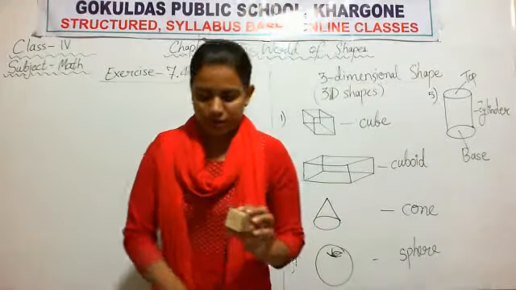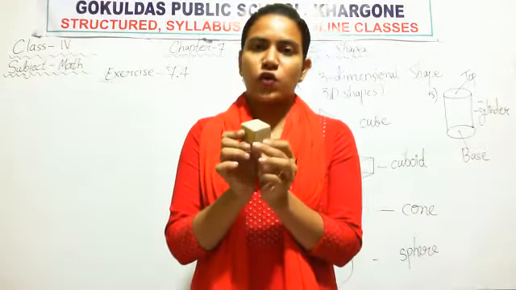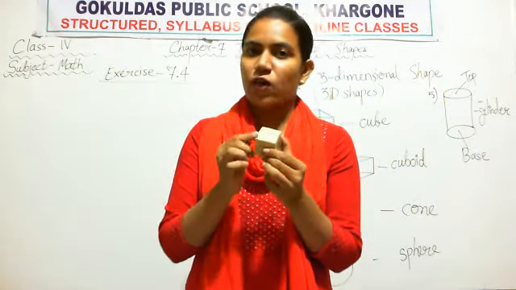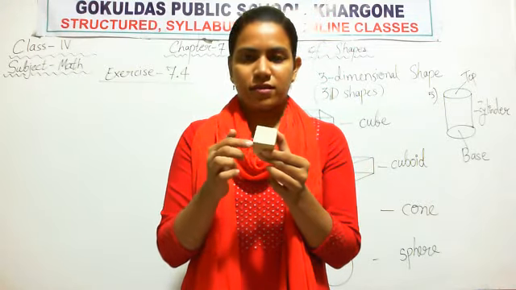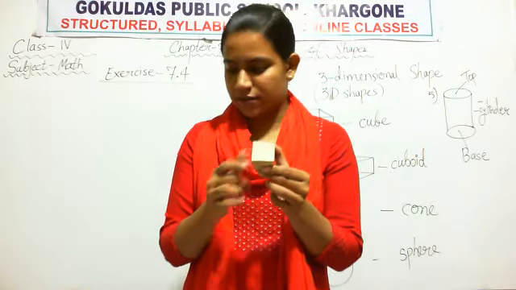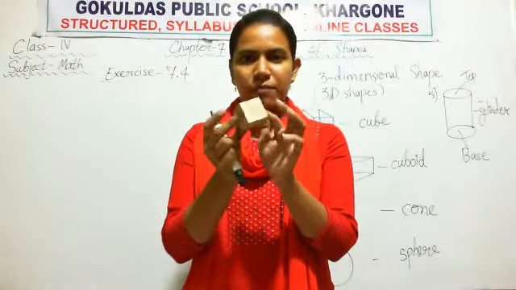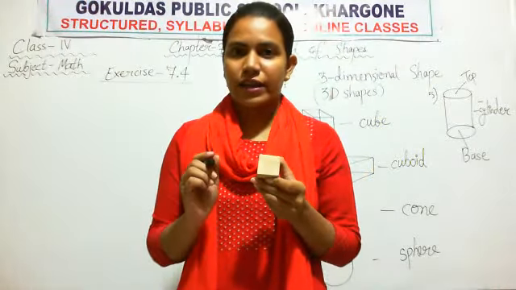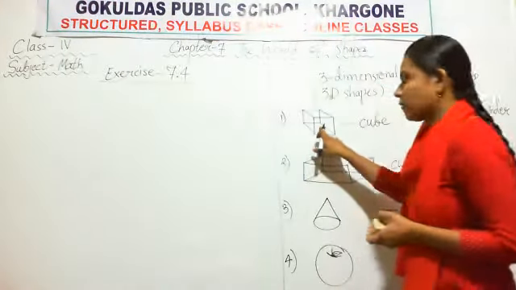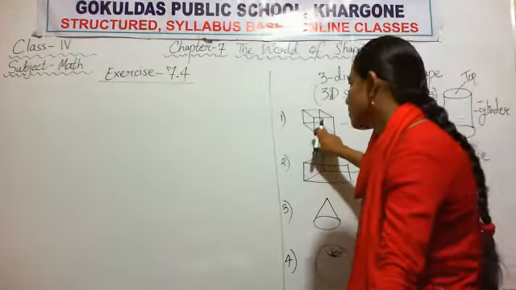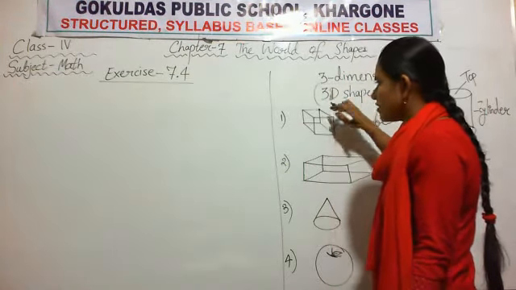Now we discuss 3D shapes. You know that the meeting point of two lines is known as vertex. So here it is a cube shape. Let us count the vertex in the cube shape. I am showing in the picture, okay? It is a meeting point of 2 or more lines.